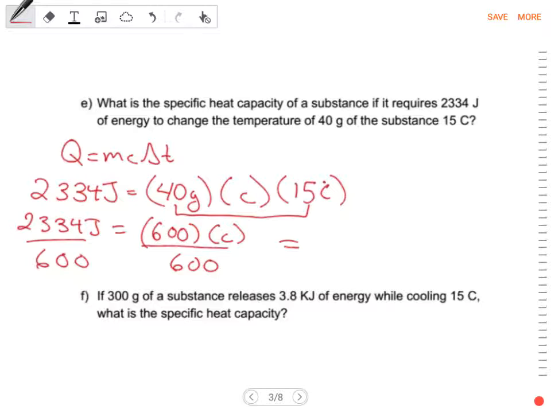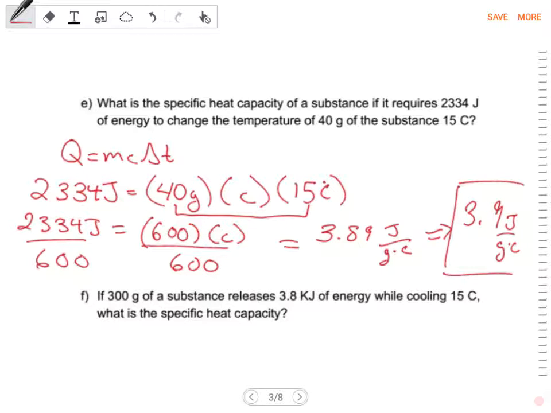So 2334 divided by 600 gives me 3.89. Now remember, the units for a specific heat capacity are joules per gram per degree Celsius. We do have to change that into 2 significant digits, so it would be 3.9 joules per gram per degree Celsius. That would be your specific heat capacity of that substance.